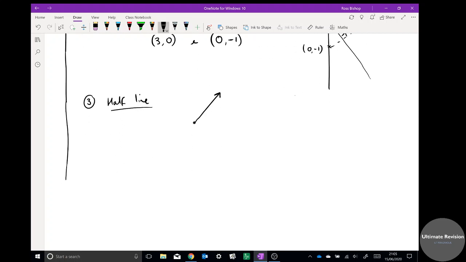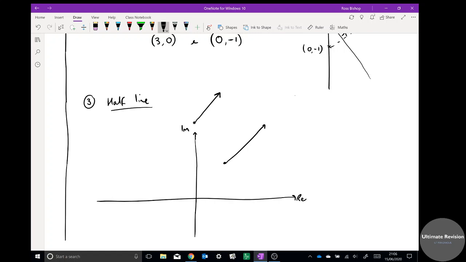So if I look on an Argand diagram, real, imaginary, and I want to describe what the equation of that line would look like in complex vector form, it's starting from this point here.